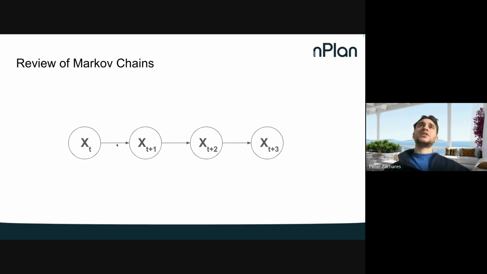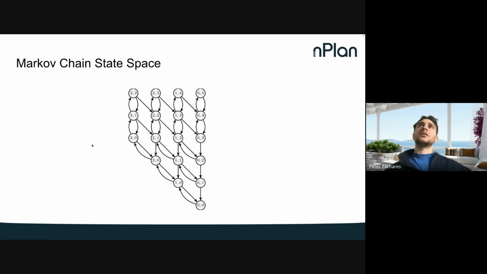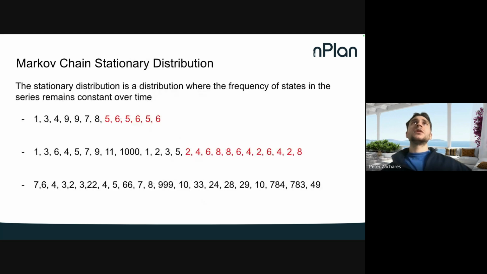At each time step, x_t, the system could be in any of these states. We have to remember that there's a set of states that you may be in when you're progressing through a Markov chain.